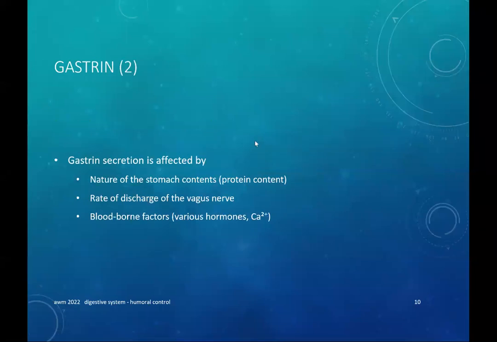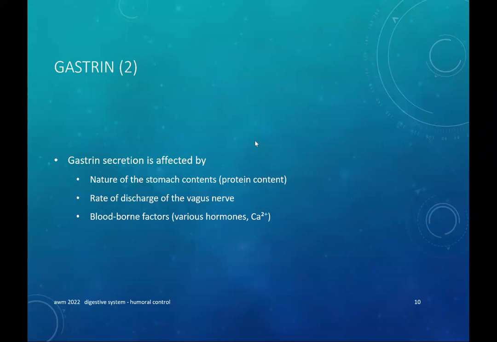Gastrin secretion is affected by the nature of the stomach contents. If the luminal contents have a very high protein content, that is going to stimulate the release of more gastrin. Stimulating the vagus nerve will also cause an increase in the secretion of gastrin. So those are two ways. One, the stomach contents can trigger the release of gastrin.